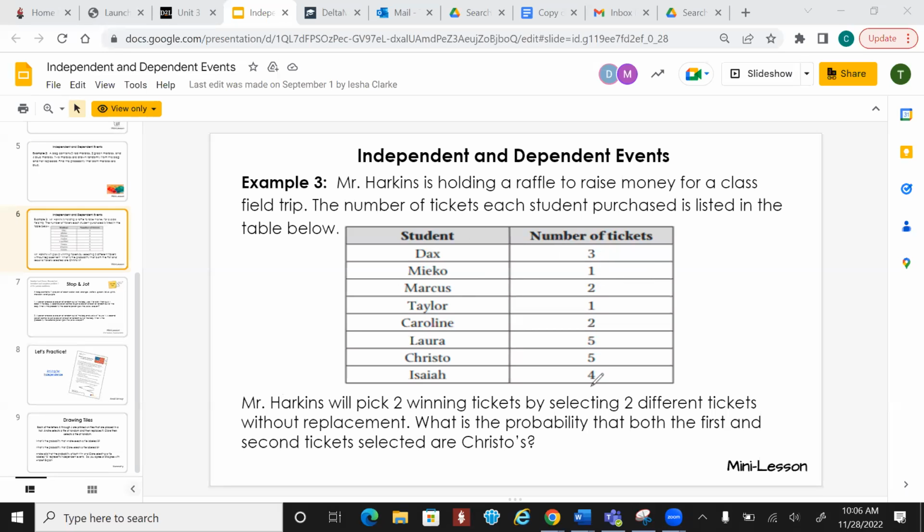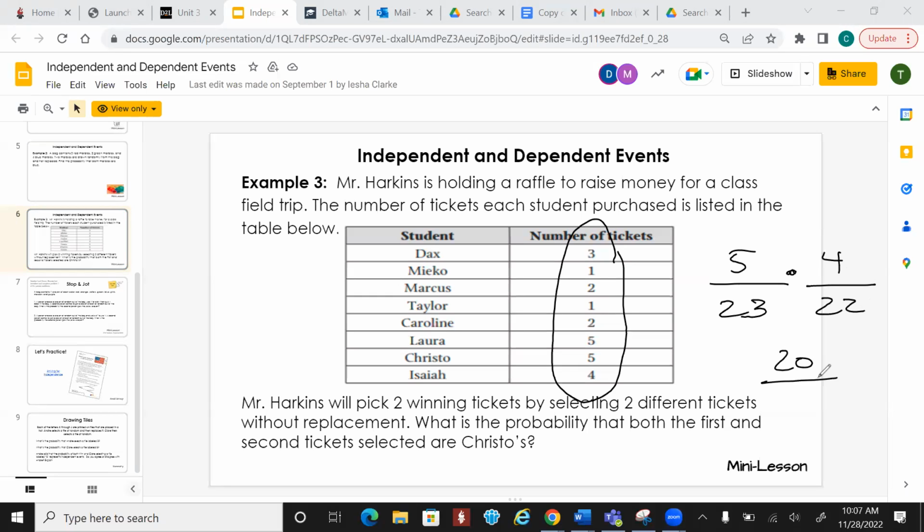Okay. So how many tickets in total do I have? Okay, good, because I was not doing that math. All right, so if Christo gets the first pull, that would be 5 out of 23, right? On the next one, how many would he have? 4 out of 22. So 5 times 4 would give me 20.